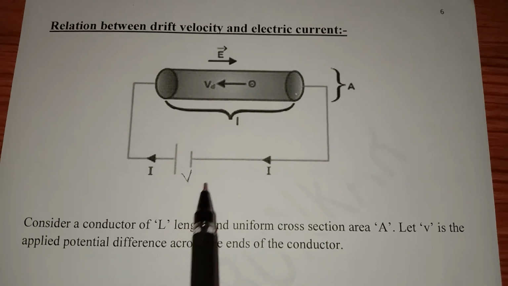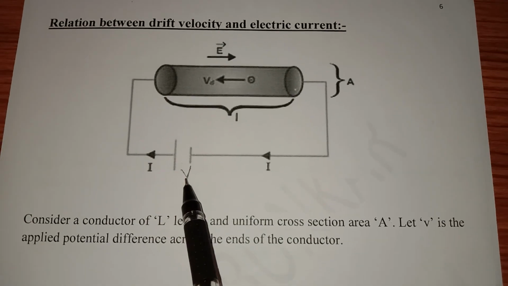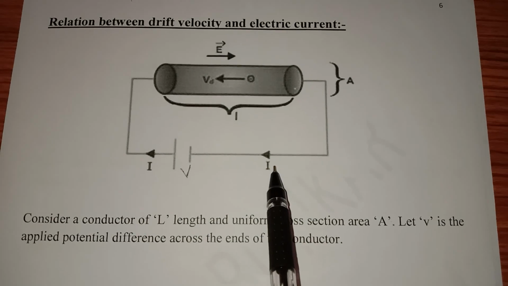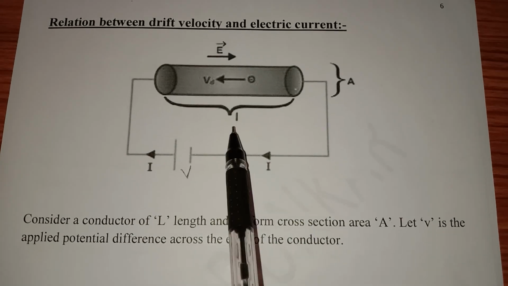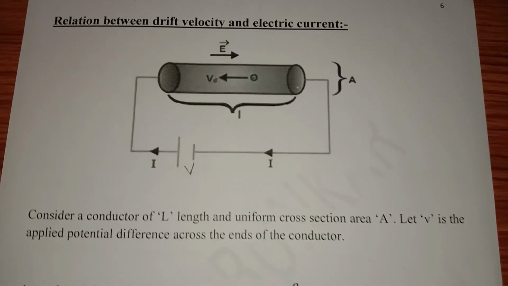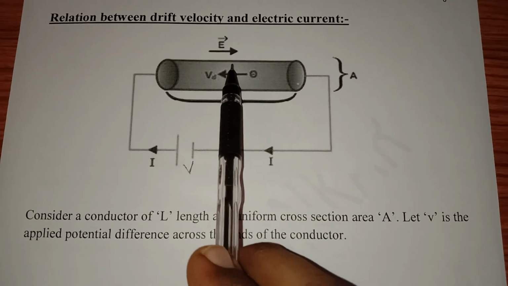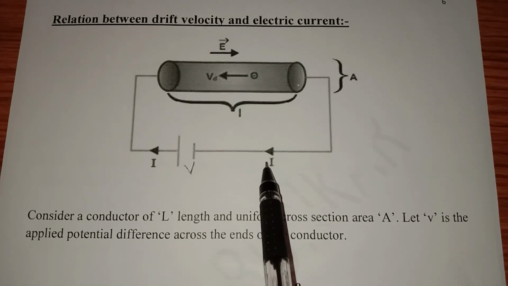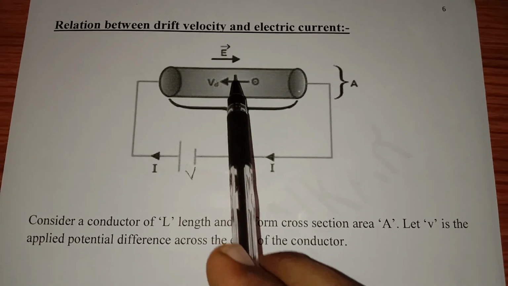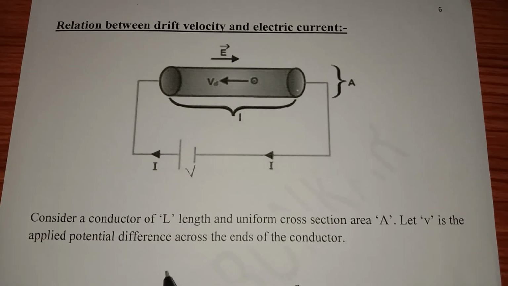So when we connect the conductor with the help of a battery, an electric current flows through the conductor, as you can see in the diagram. The electric field and electric current are in the same direction, as we discussed in the previous lecture.